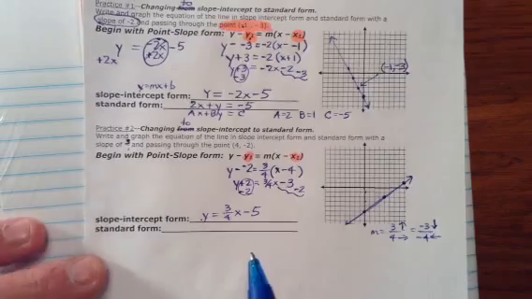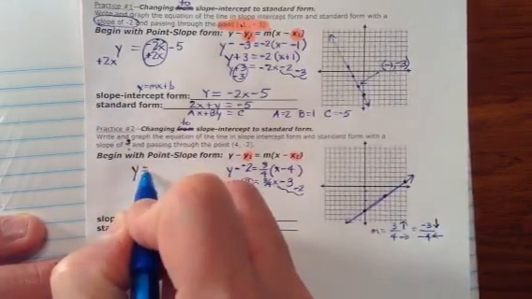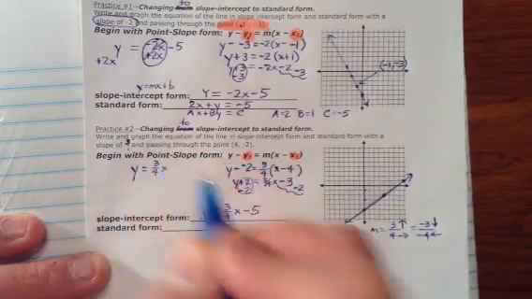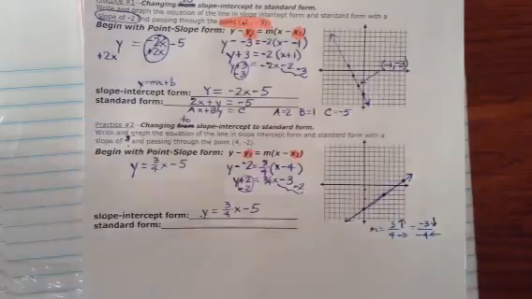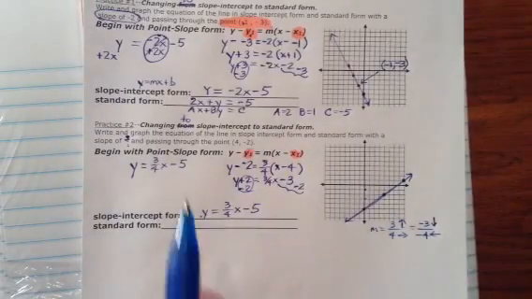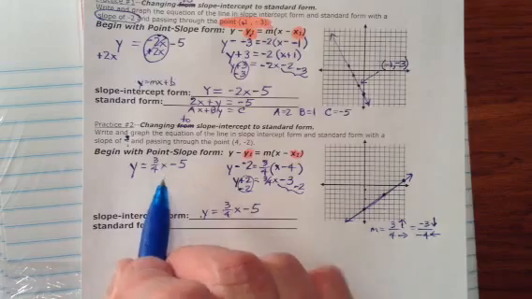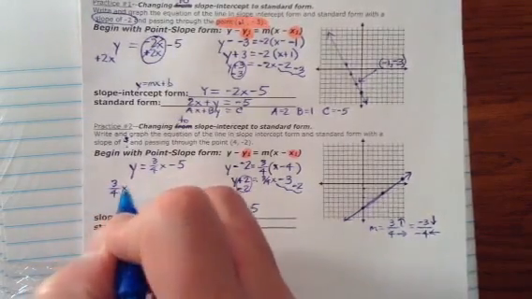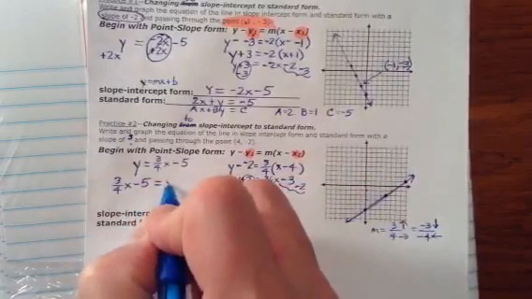Standard form? We want the x and the y to be on the same side. Now I'm going to show you a trick here. If we put the x term on the left, just switch sides, we have 3/4 x minus 5 is equal to y.